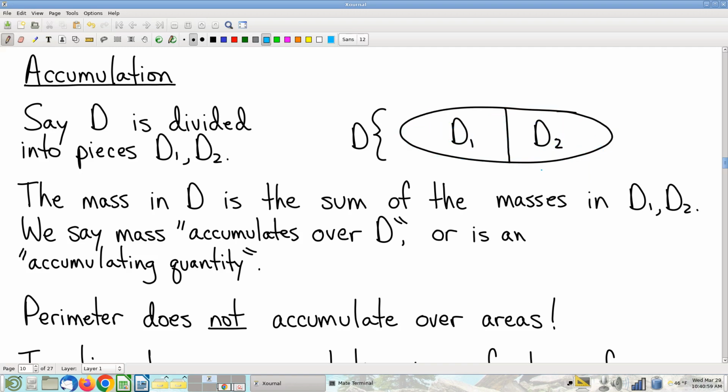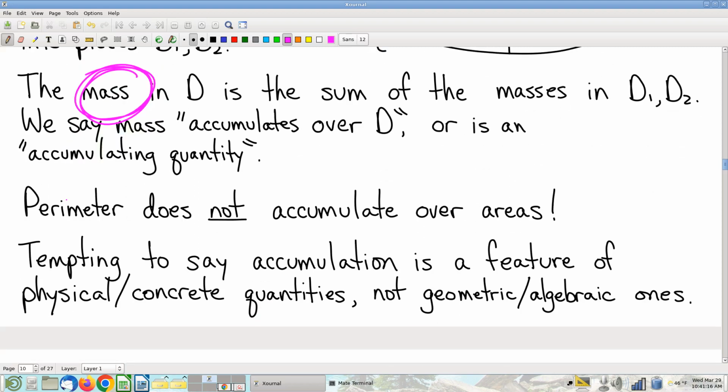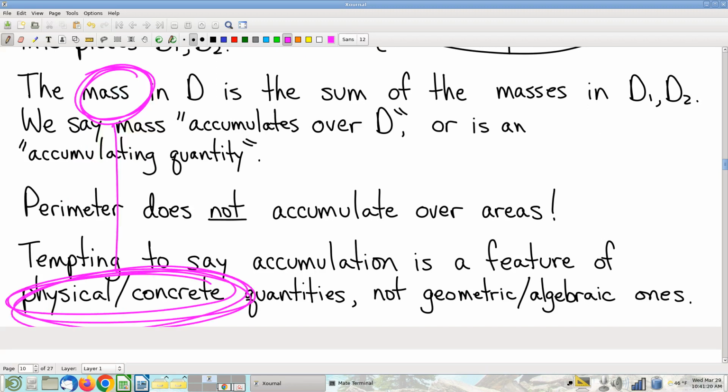Okay. All right. Now, we've seen an accumulating quantity. We've seen a non-accumulating quantity. What's the difference? Why is one accumulating? Why is the other not? And it's tempting to say, oh, well, yeah, because mass is physical stuff. And ultimately, the laws of the universe, right? You just can't wave a magic wand and make mass appear or disappear.